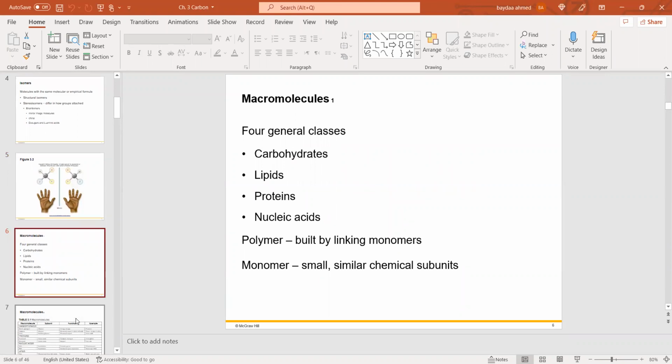Biological macromolecules are commonly grouped into four general classes: carbohydrates, proteins, nucleic acids, and lipids. The first three of these are all polymers constructed by joining together many small similar chemical subunits called monomers. A long polymer of linked monomers forms a molecule analogous to a long train consisting of many railroad cars linked together.